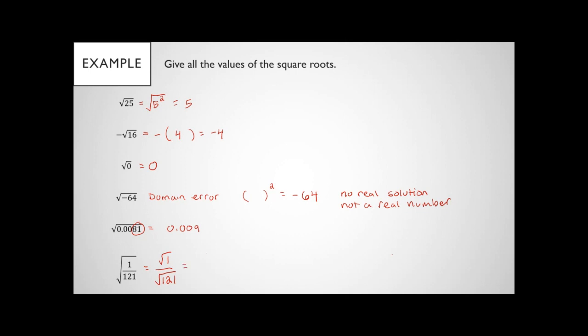The square root of 1 is always 1, and the square root of 121 is equal to 11. So this comes out to 1 over 11. And you can even verify that on your calculator. If you're not using fractions, it will give you a decimal version. But if you convert that decimal to a fraction, you'll get 1 over 11. So you can double check that. It will come out to the same answer.